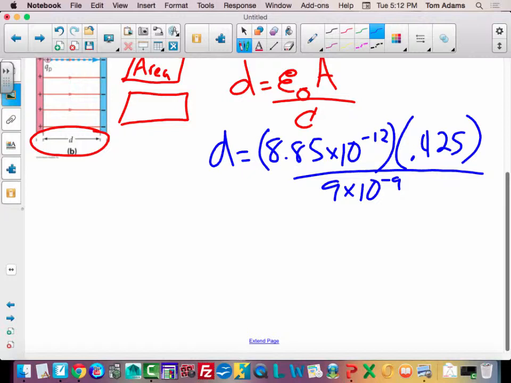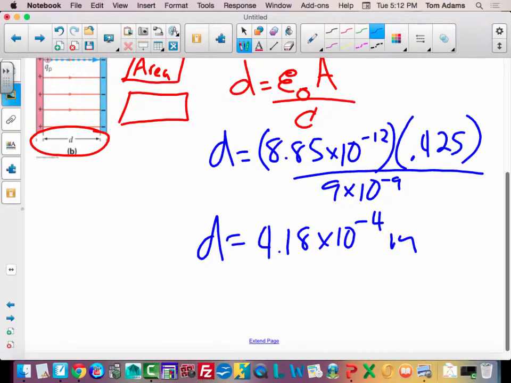And if you plug that in your calculator, you should get 4.18 times 10 to the negative 4 meters. And I think your textbook, probably because it's an easier way to measure it, like who measures times 10 to the negative 4?